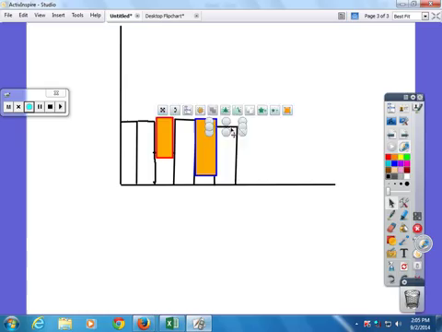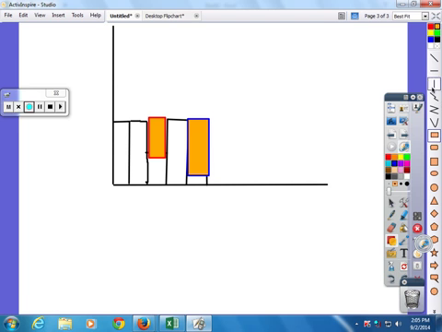And this piece goes away. What have I just done to the variation of my data? Put it all together. Is there any variation now? And that number that this line represents is the average.